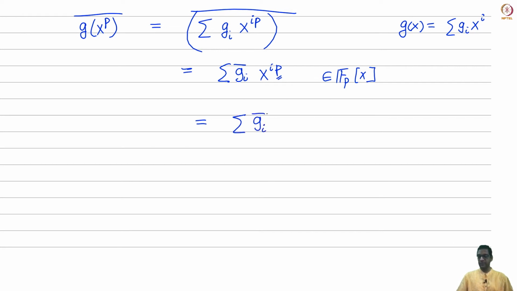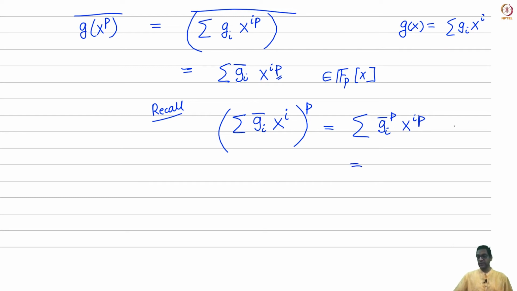If you have a field of characteristic p, then when you want to raise this to the power p, what do you get? Well, you just get the same coefficient raised to the power p. So recall that if I computed this quantity, it would just be g_i bar to the power p times x^(ip).